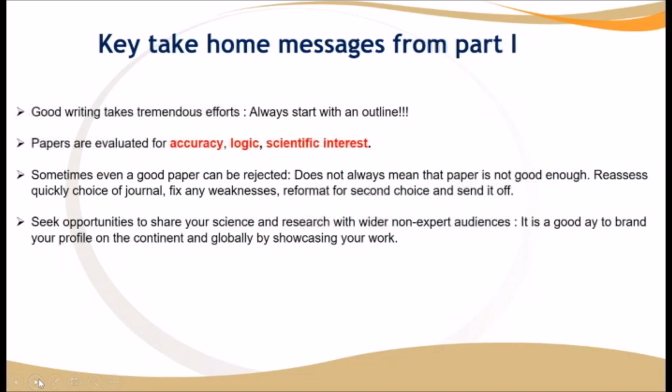So the rejection is not a silent, closed off one that, hey, your paper has been rejected, bye-bye. No, they reject and it is substantiated with reasons, okay? So look at those reasons. Why was my paper rejected?